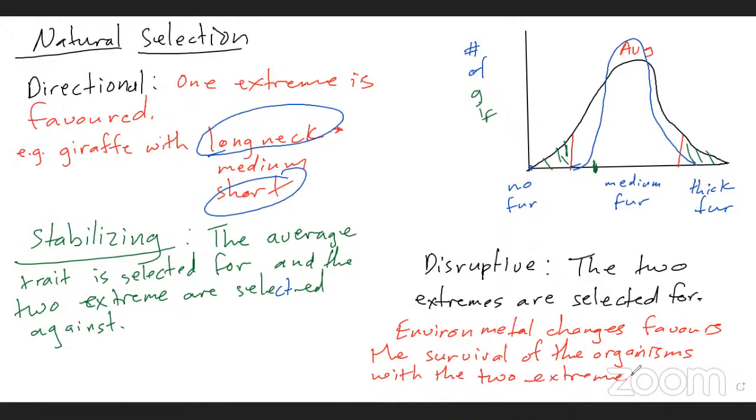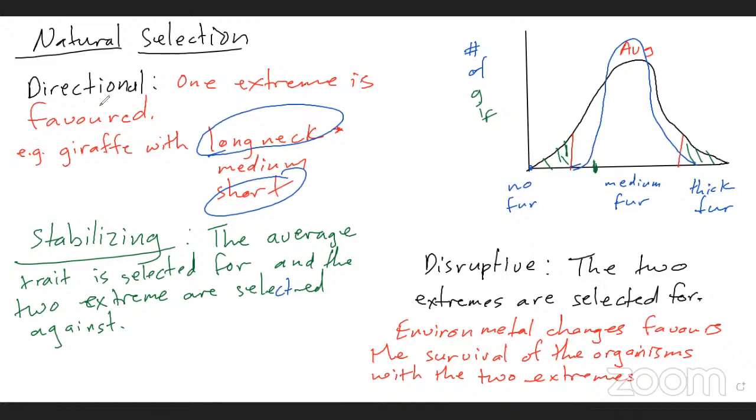So in this case, if we're discussing fur coat, it would favor the organisms with thick fur and no fur, right? So when we say the two extremes are selected for, or just one extreme is selected for, what it means is that the current environmental setting is suitable for one extreme, the medium, or the two extremes.